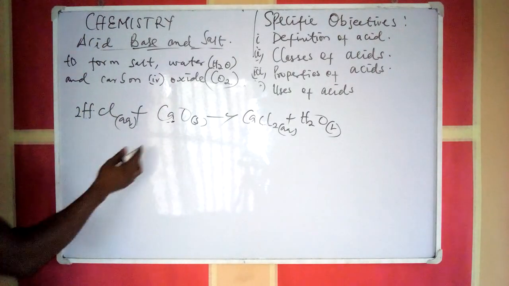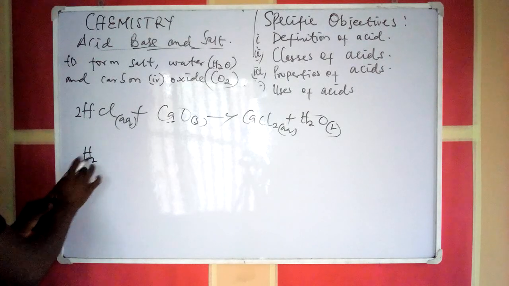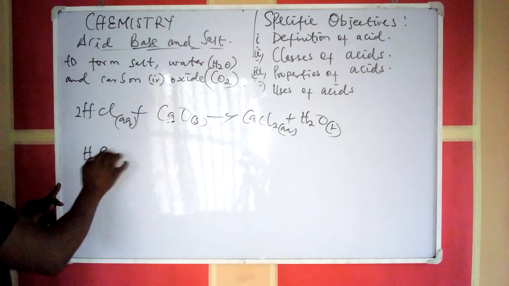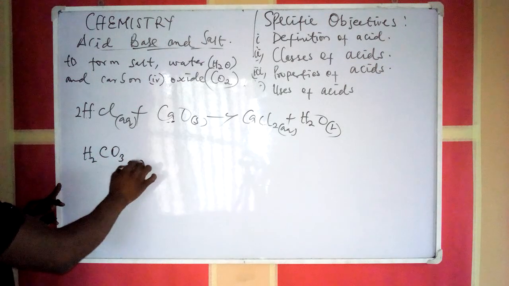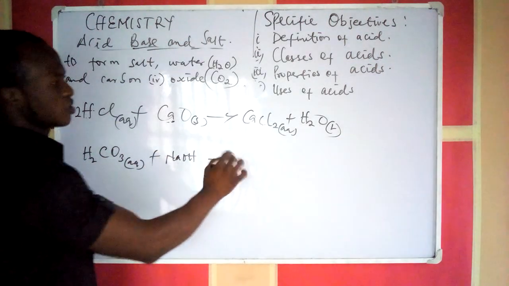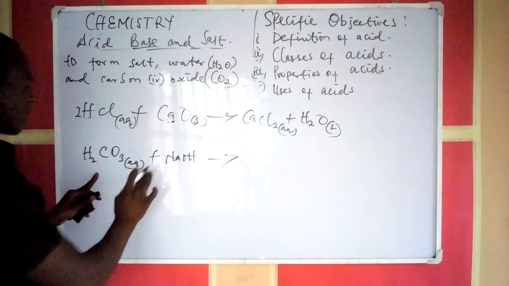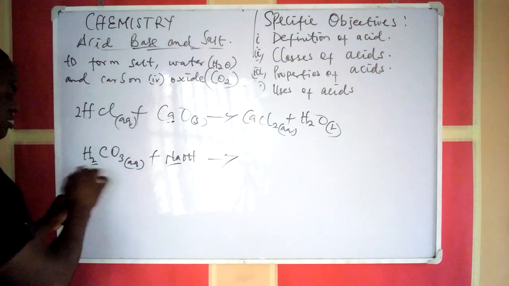Okay. Now we can still give another example. Let's use trioxocarbonate(IV) acid reacting with sodium hydroxide. The same thing I explained here is what will happen here. Sodium is higher than hydrogen.